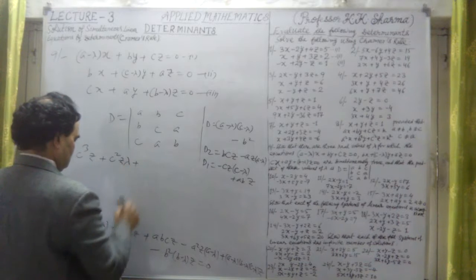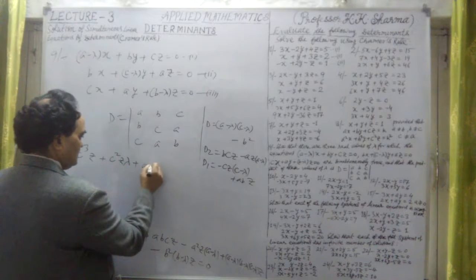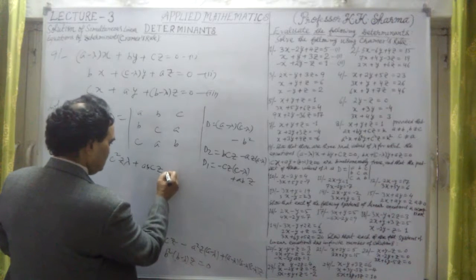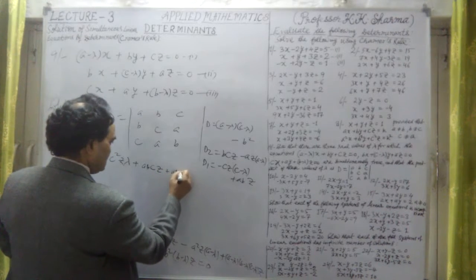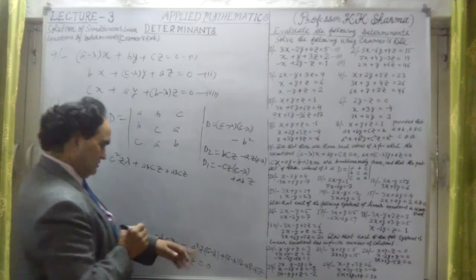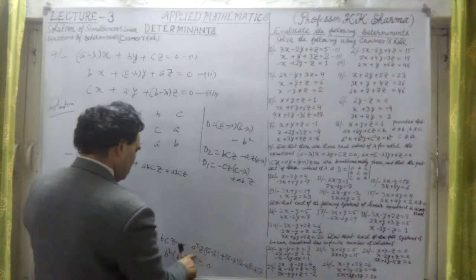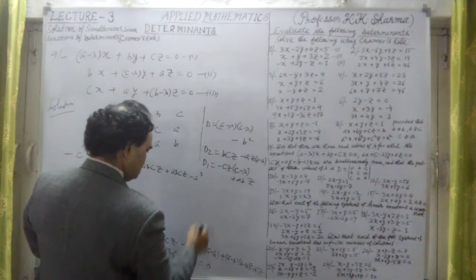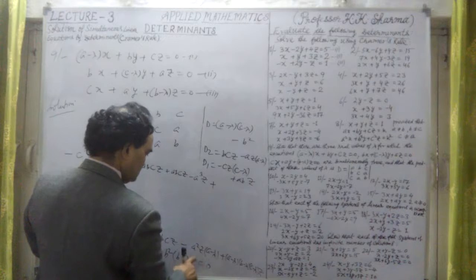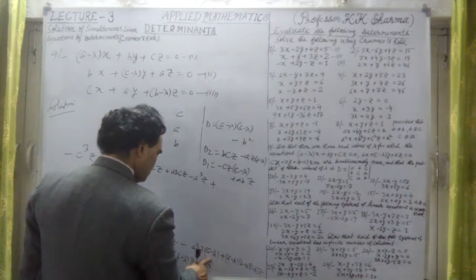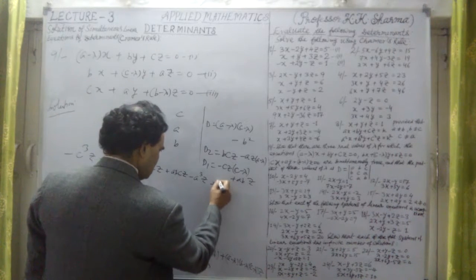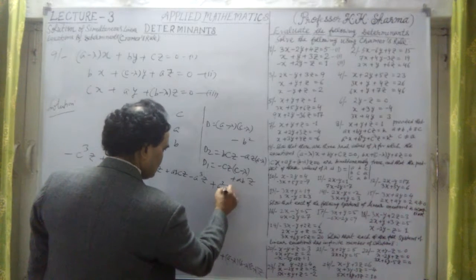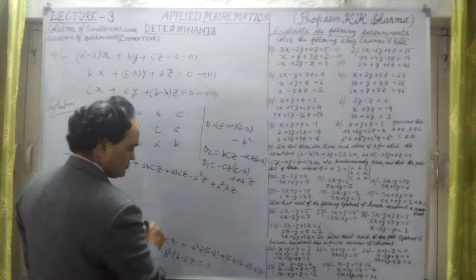Then plus abc into z, plus this is also abc into z. Two times and three times will come out here, abc. Then minus a cube into z plus a square into lambda z, a square plus sign into lambda into z.